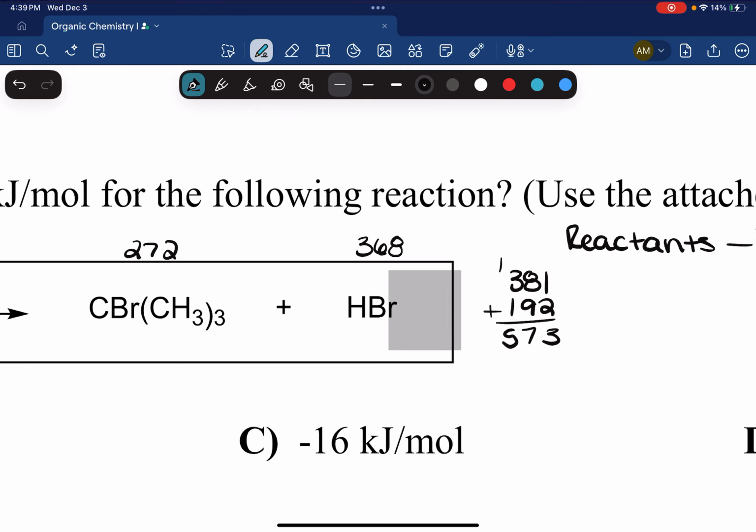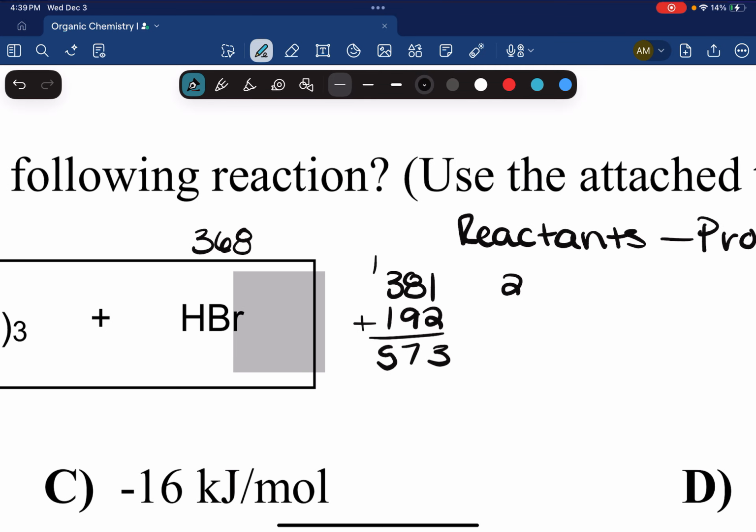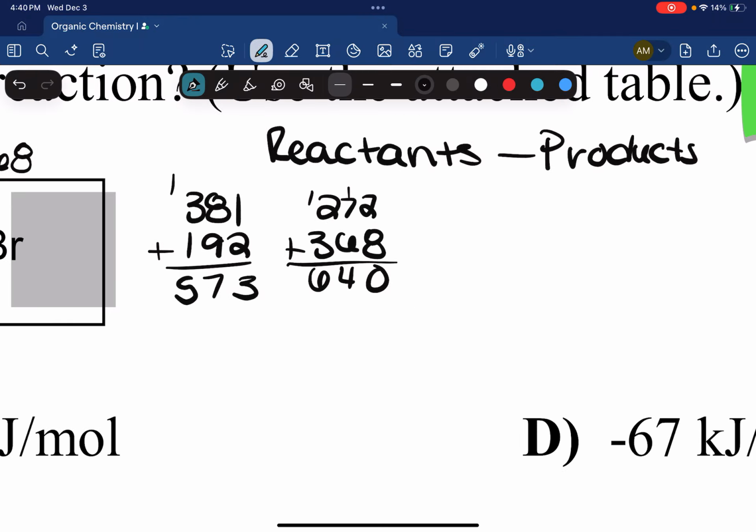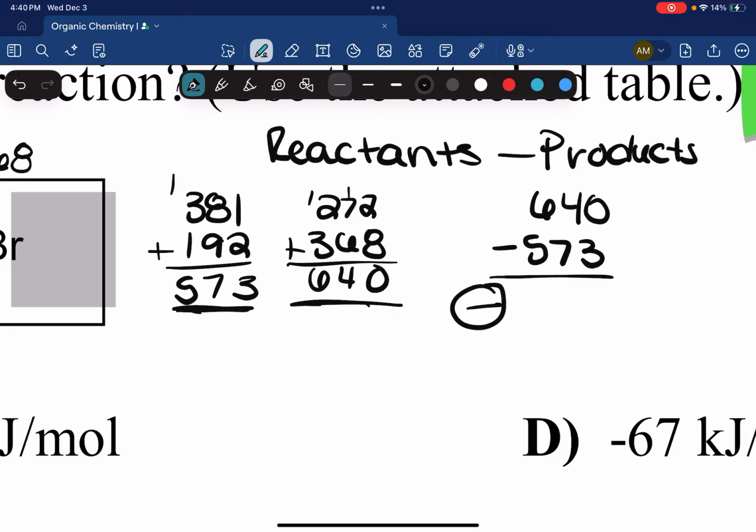Then we're going to do 272 and 368. That's 640. Now I know that my reactants is lower than my products. So what I'm going to do is products minus reactants, but I know it's going to be negative.